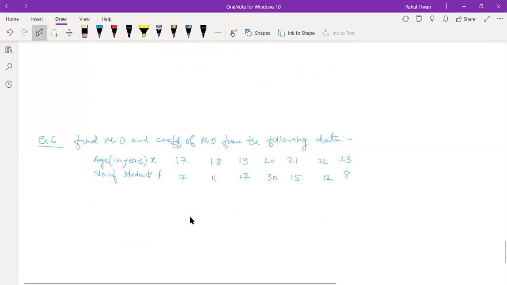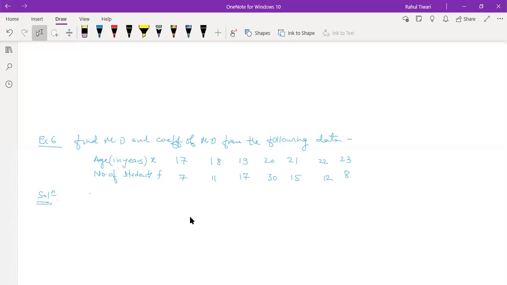And so again, the procedure is same. You can calculate the MD from mean. Use both the methods here.